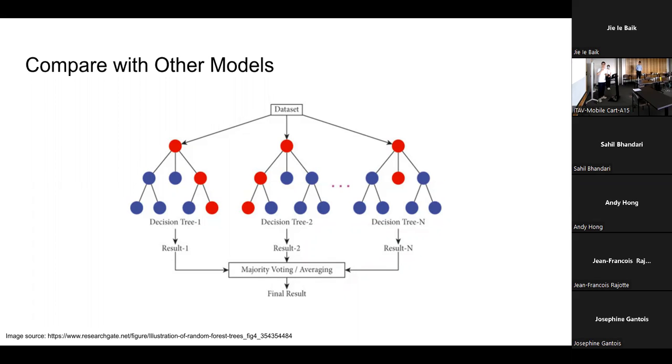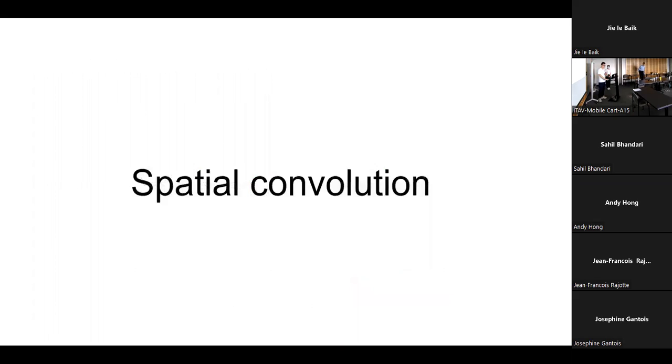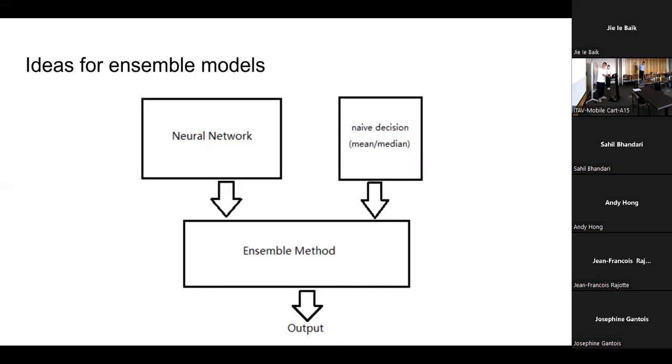But we can use decision trees or something that is machine learning but not technically a neural network to get this naive decision part, or not so naive decision part.